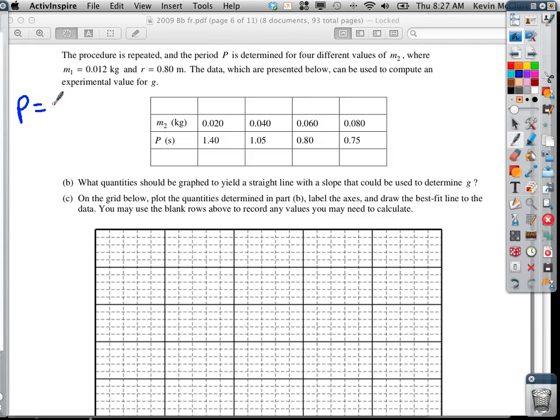Say again? 2 pi square root of m1 r over m2 g. Okay, so we want to create a graph that's going to give us G. So what we can do is isolate this for G and see what we get.